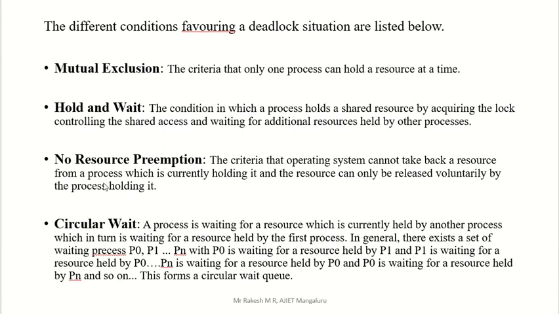And here, no preemption means P1 will come out of the resource only when its execution is completed. Once the execution is completed and P1 comes out, only then can P2 go inside. That is called no preemption or non-preemption.